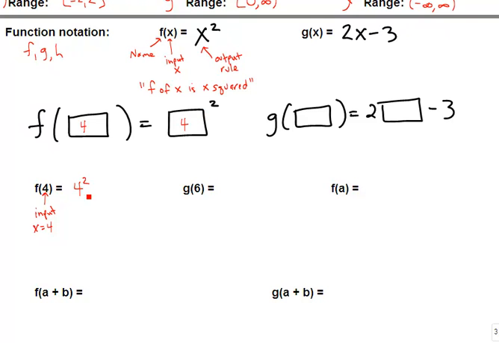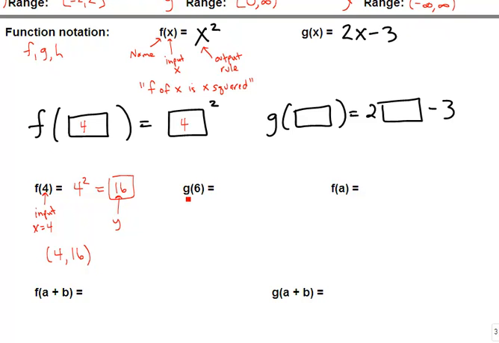So this is evaluated by just substituting 4, squaring it, and we know that 4 squared turns into 16. So f of 4 equals 16. Remember that the x was the 4, so that means this 16 is like the y, and this is sort of like an ordered pair, (4, 16).